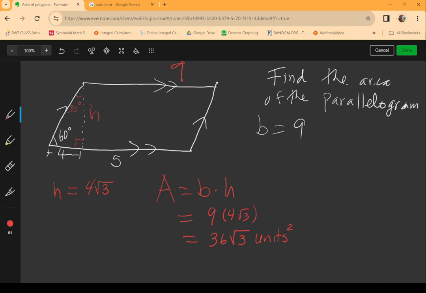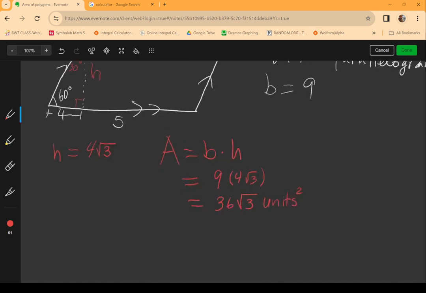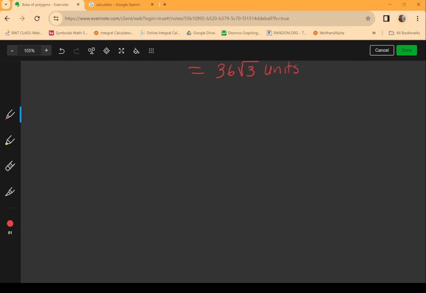Okay? All right. Let's try a slightly different example here. So here, let's say that we have a parallelogram.